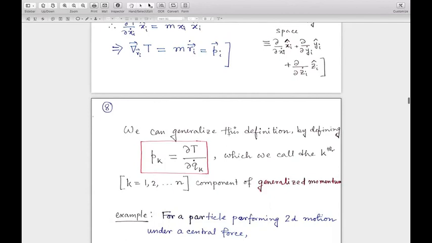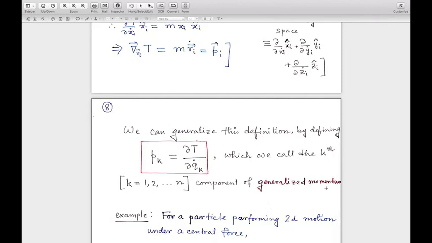Now we can generalize this definition by defining p_k equal to del T by del q_k dot, and we call this the kth component of generalized momentum. We again say that we don't try to constitute a generalized velocity vector.